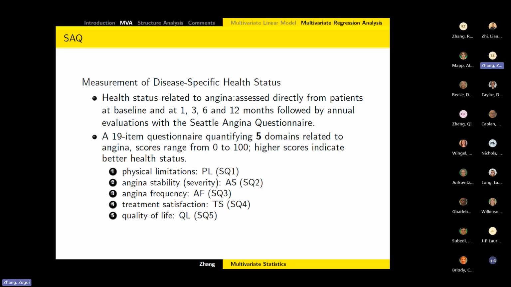Also, we have another overall general health data. Later we will see we have 8 domains of outcomes. So coming together, we have 13 variables for outcomes.